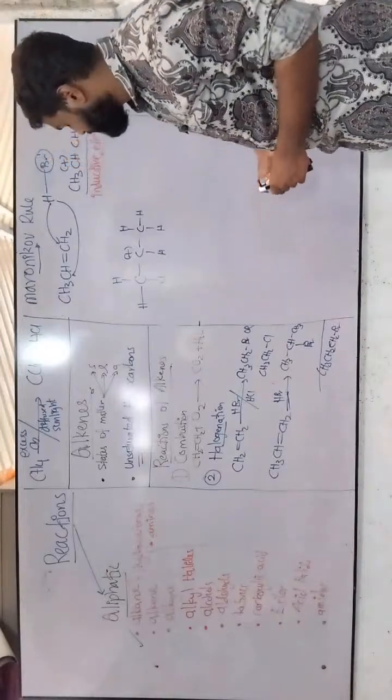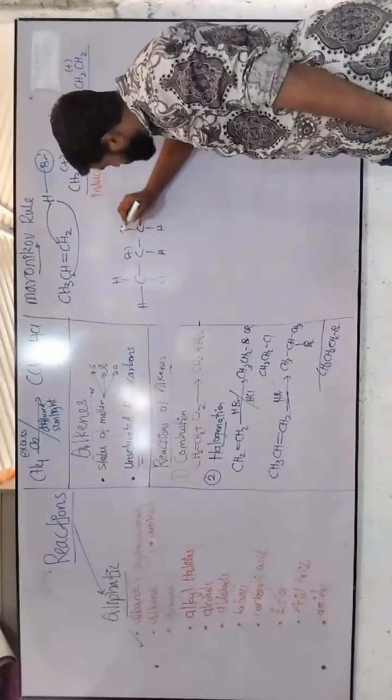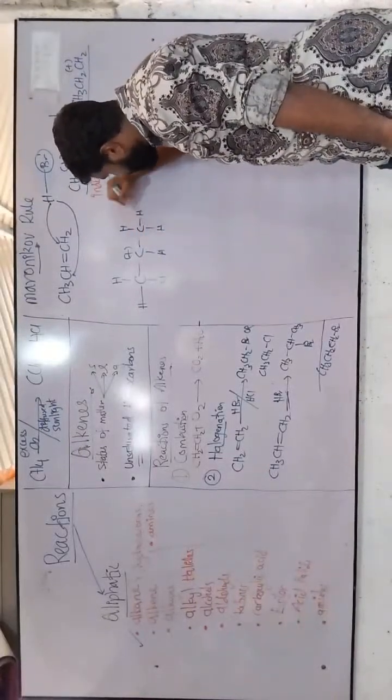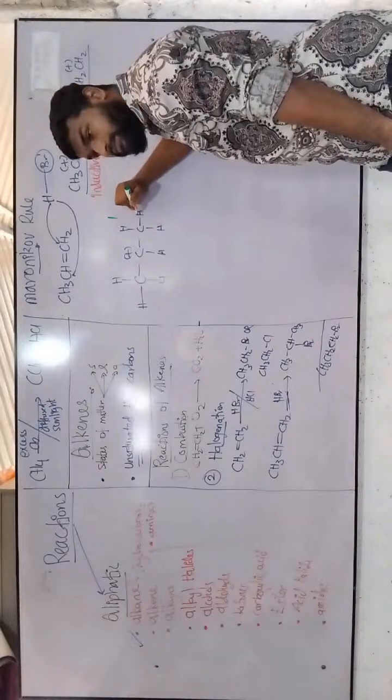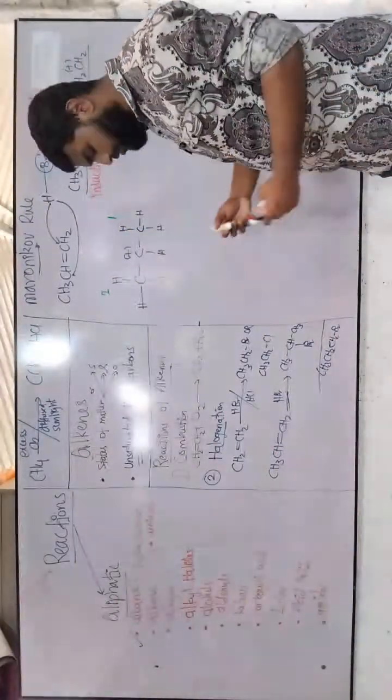Now see here, to this carbon you have one alkyl group over here. Let me write here one. Here you have two. This is a second alkyl group.